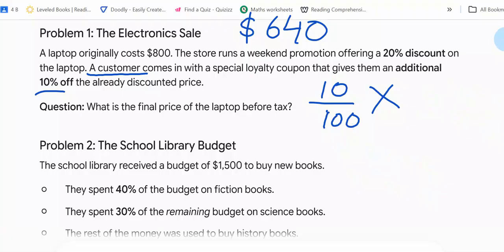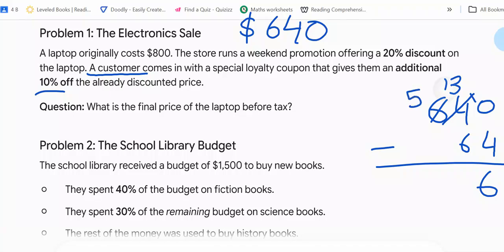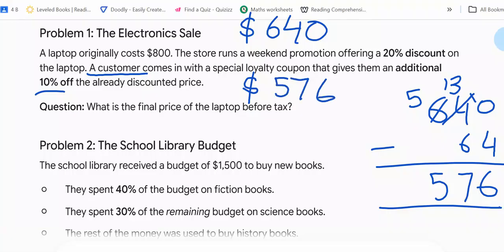Now we will subtract 64 from this 640. 640 minus 64. It will become 3, it will become 10. 10 minus 4 is 6. It will 5. 13 minus 6 is 7 and 5 will get down as it is. So the final price the customer has to pay is $576.